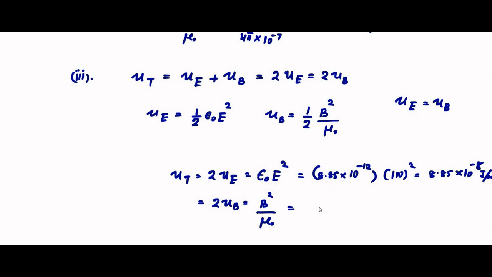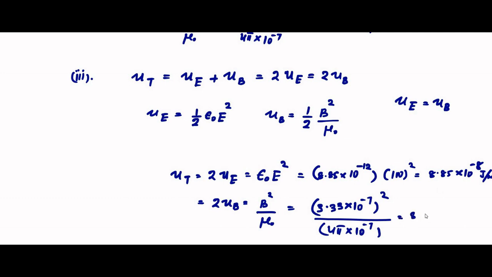And here also it will be the same. B, which we calculated, the value of B is 3.3 into 10 to the power minus 7, whole square by 4 pi into 10 to the power minus 7.